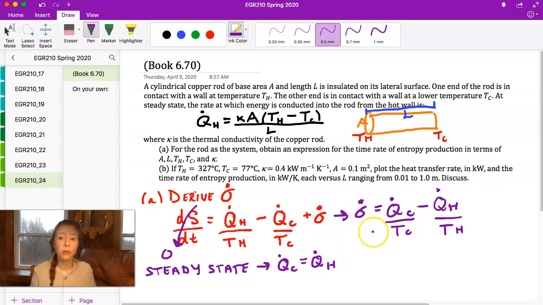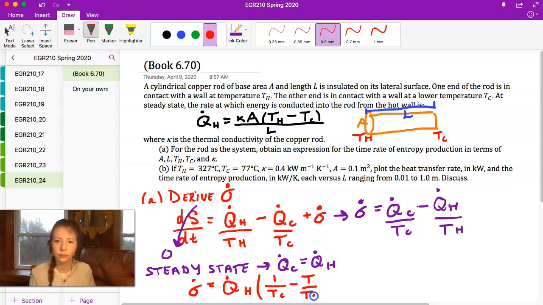And so we can rewrite this then, since Q dot C and Q dot H are equivalent, we could say that sigma dot is equal to Q dot H times 1 over TC minus 1 over TH. Okay, so that's just coming from up here.